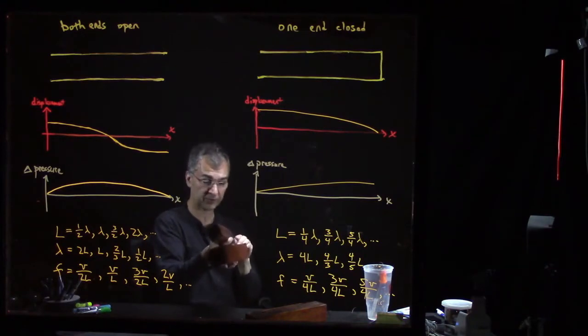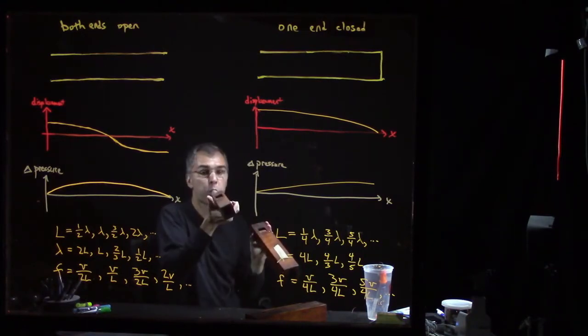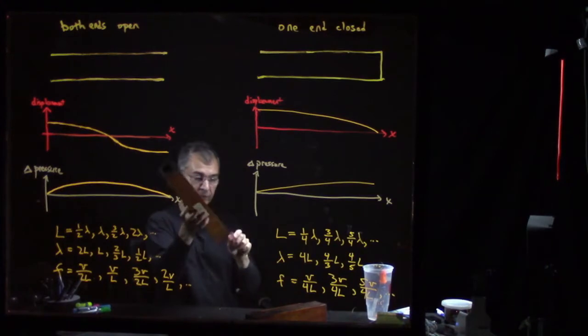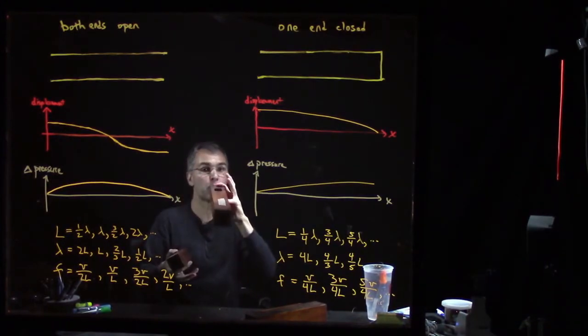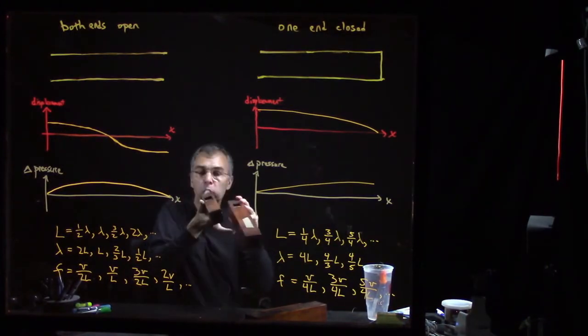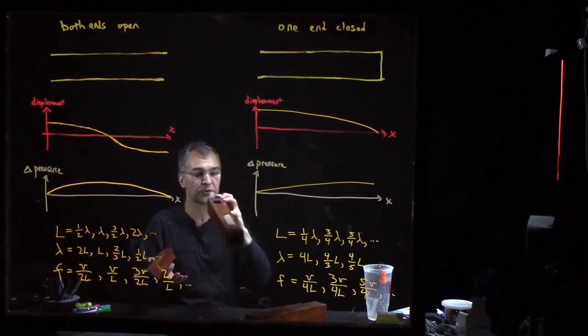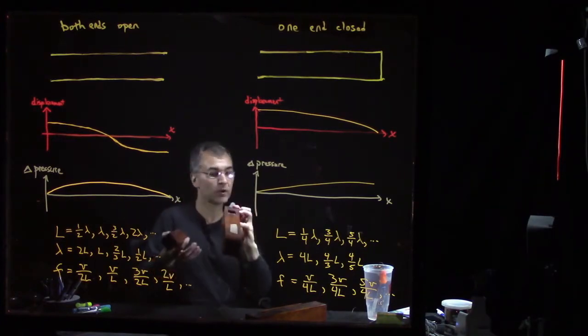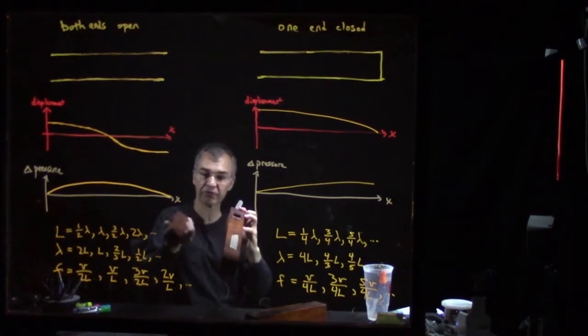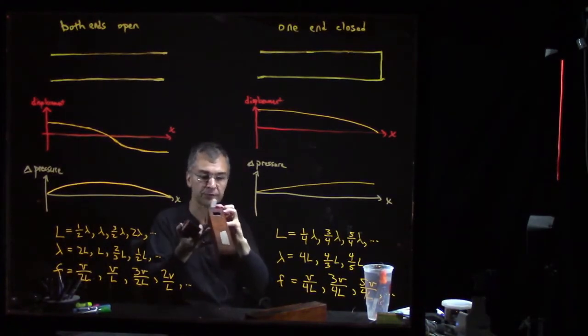So here is the smaller one, and here's the one that's about twice as long. I think if I blow it hard, you can hear the overtones. And the overtone from this one sort of starts to sound like the fundamental from this one.